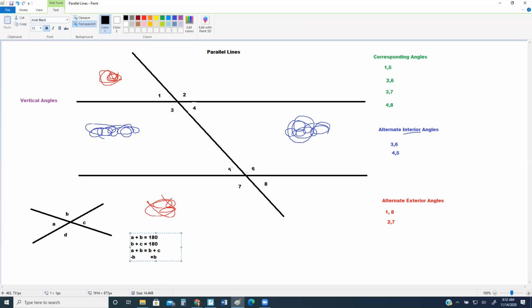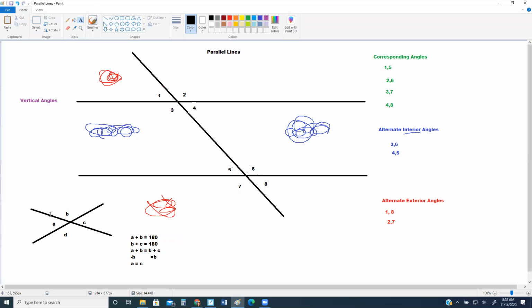And then you discover at the end, A is going to equal C. If we have two angles on either side of this vertex right here, where they crisscross, we have A on this side. Here's A. Actually, I think vertical angles were purple, weren't they? So here's A on this side, and here's C on this side. Those angles are going to be congruent. It doesn't even matter if we have parallel lines over here. And then we have B over here, and B and D are congruent.